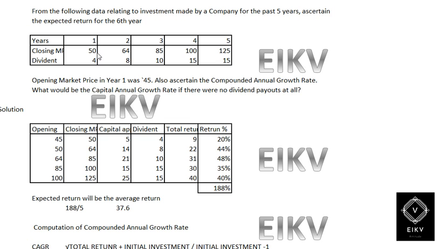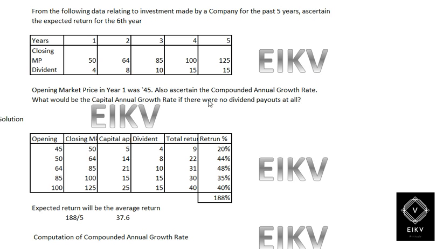So starting from first year, the closing market price would be 50, 64, 85, 100 and 125, and respective dividend would be 4, 8, 10, 15 and 15. Opening market price in year 1 was 45.